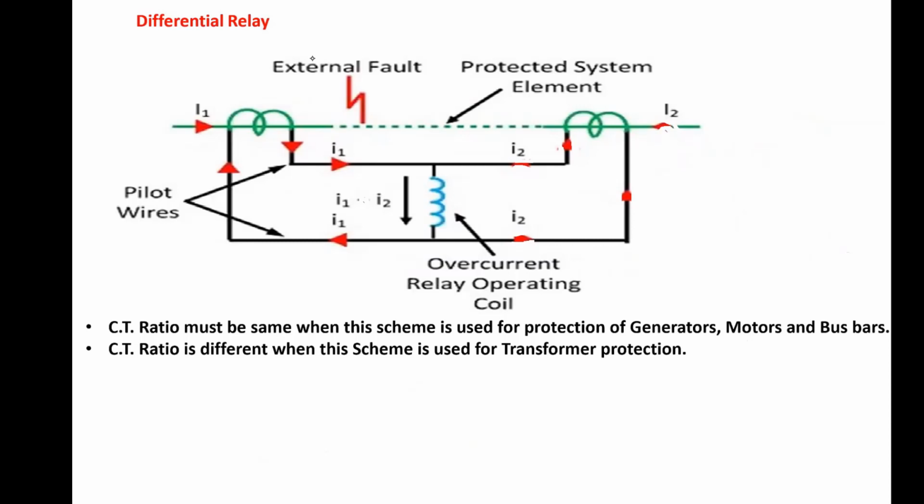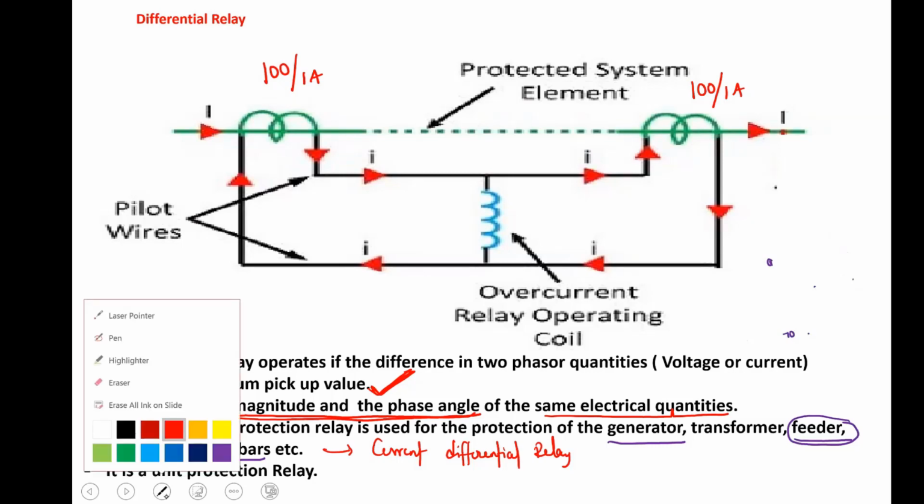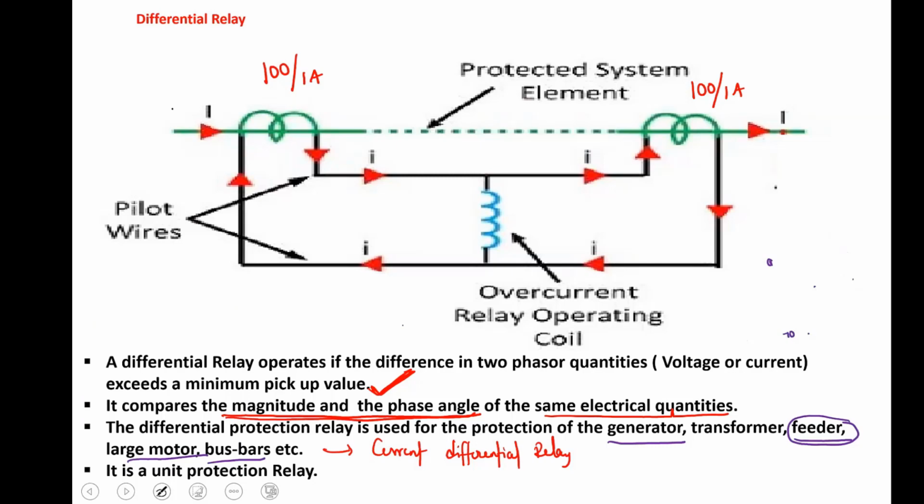Now, let us come back to the same thing. Suppose here the CT ratio is 100/1 ampere CT. Here also the CT ratio should be the same, 100/1 ampere CT. Initially, let the current flowing here be, say, 300 ampere.